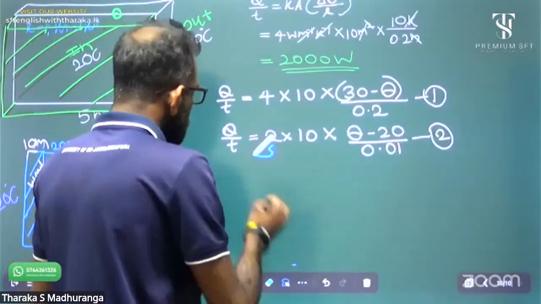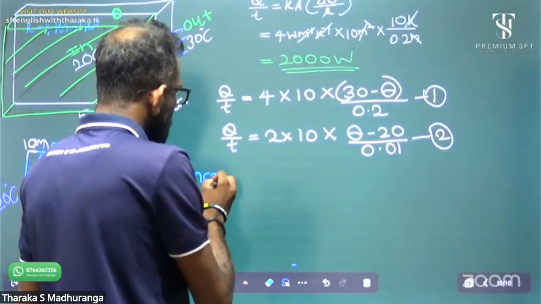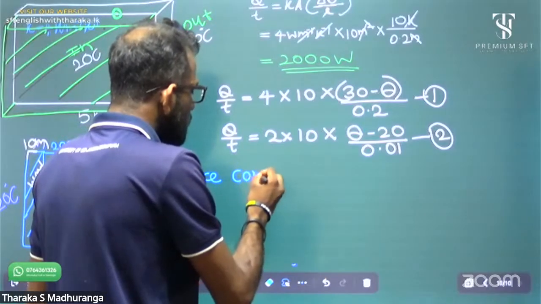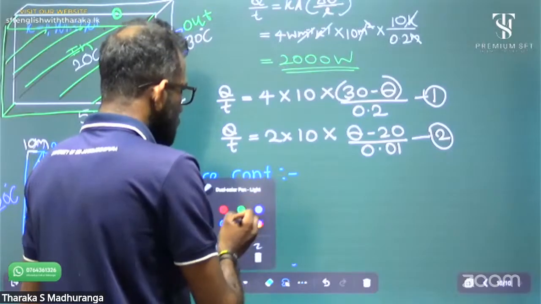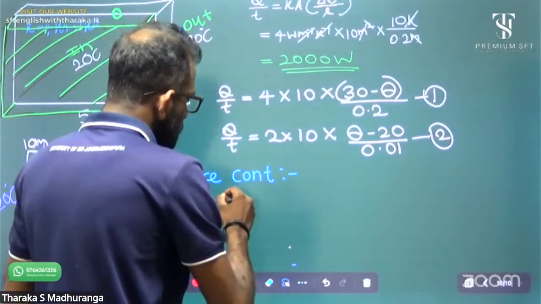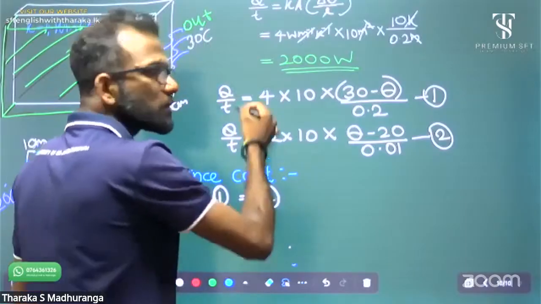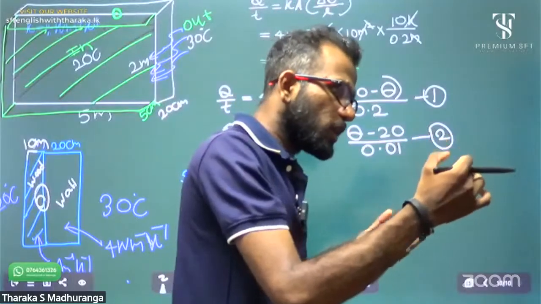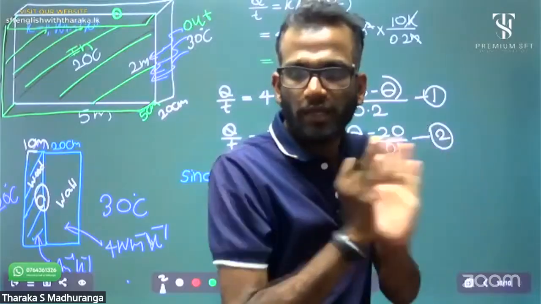Since it is continuous, the first equation equals the second equation, because the thermal conduction rate, the amount of heat energy entering within unit time, equals the amount of heat energy leaving in the same time.